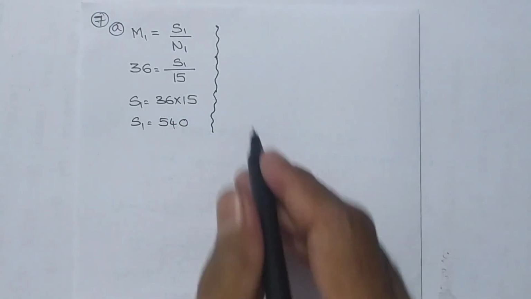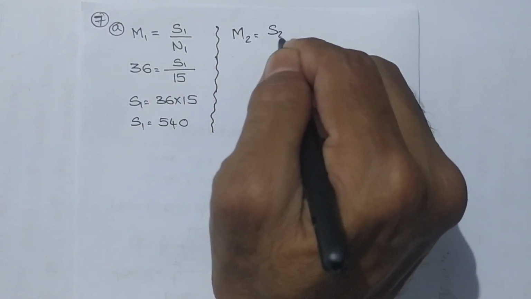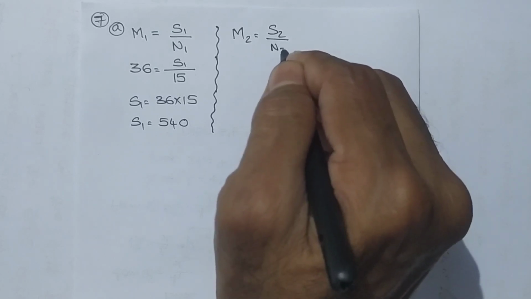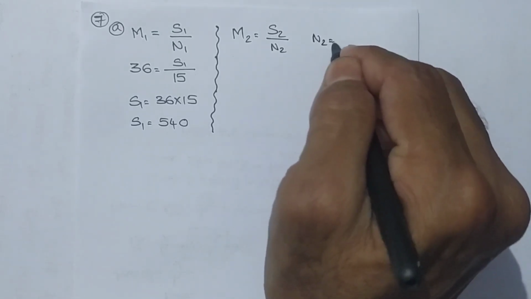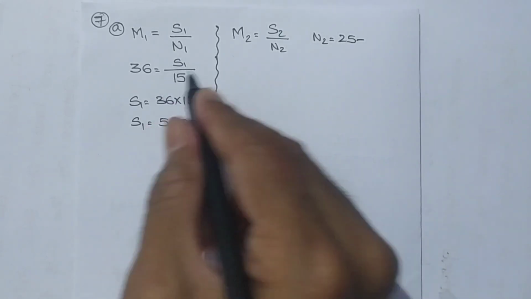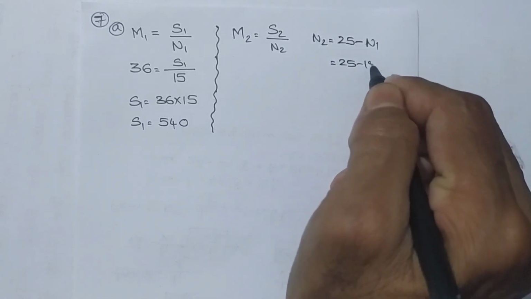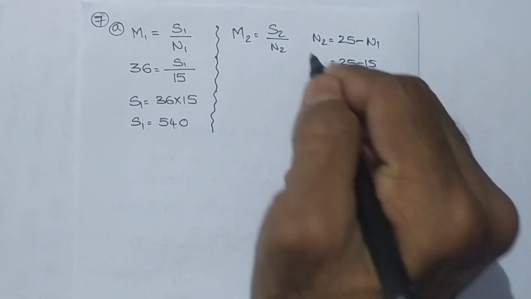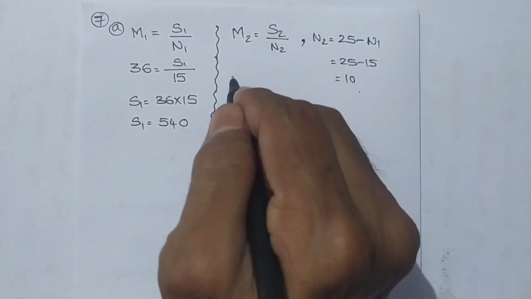Now let us go for the second case. Mean of the remaining numbers. Here second time I am taking m2 equal to sum 2 by number 2, and for the remaining numbers, number 2 is out of 25. First n1 15 are taken out, so 25 minus 15 is 10. So this 10 can be written in place of n2 in this equation.